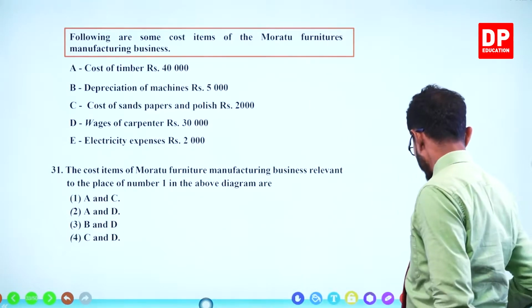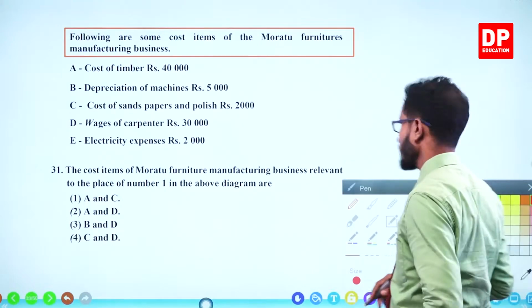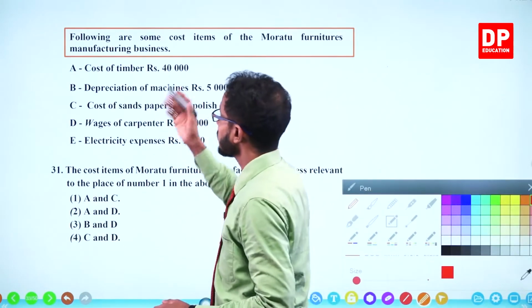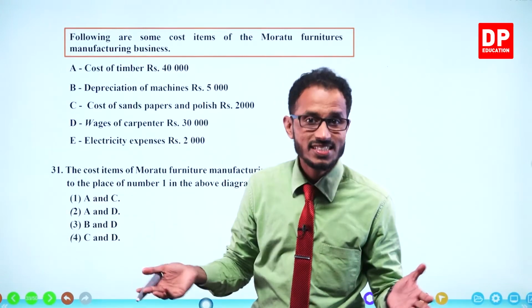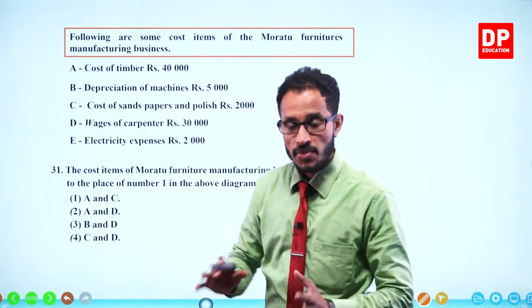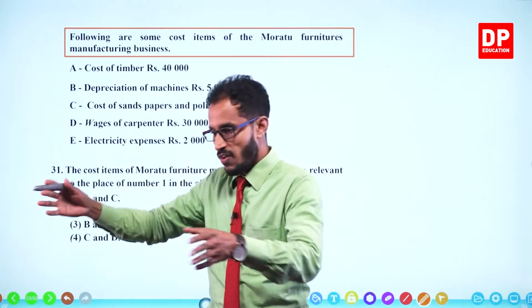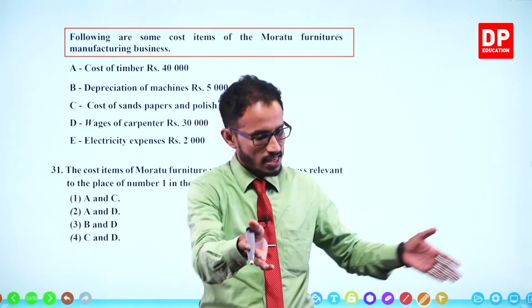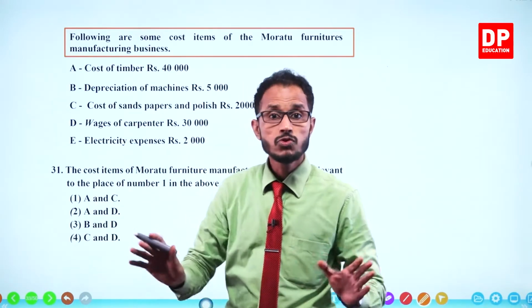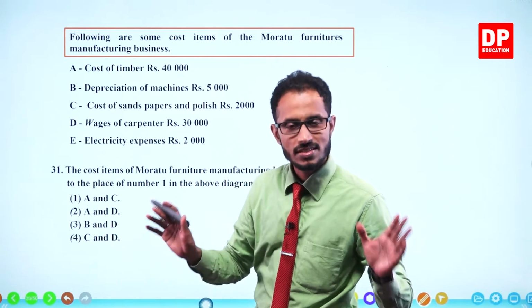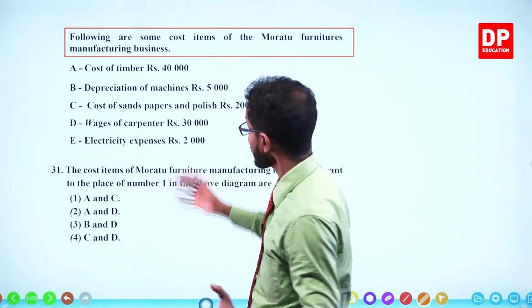Now children, we know very clearly if the business is a furniture manufacturing business, they are making furniture, sofa sets, almirahs, dining tables, chairs, wooden sofas, wooden dining sets, wooden chairs.